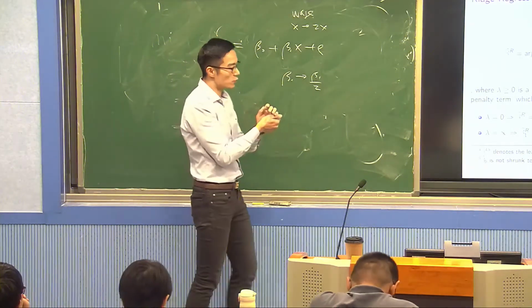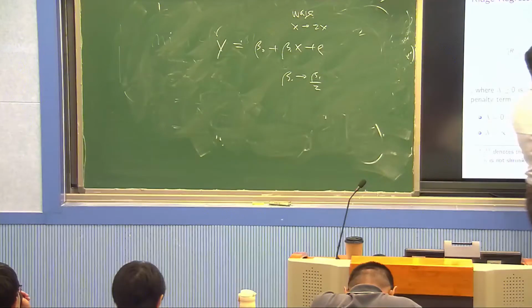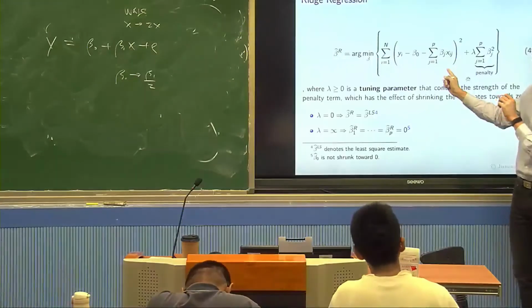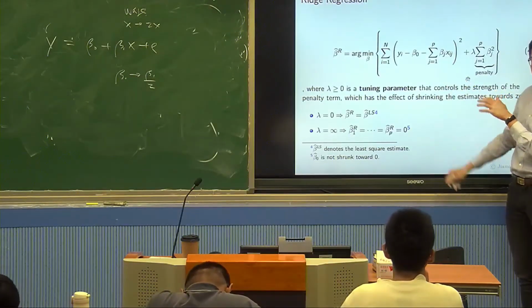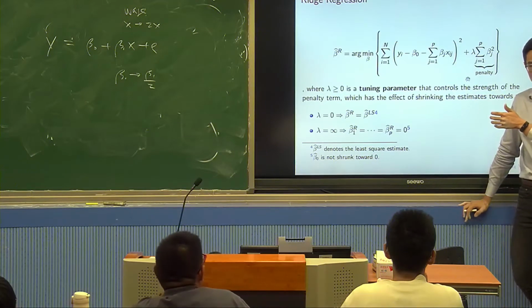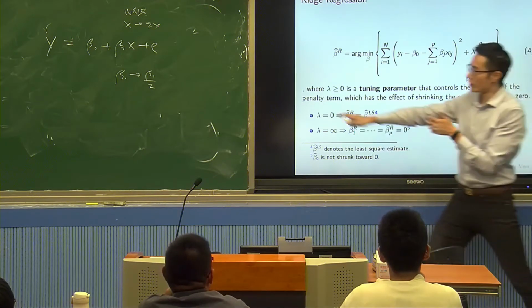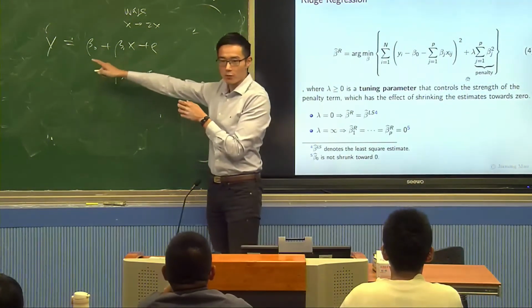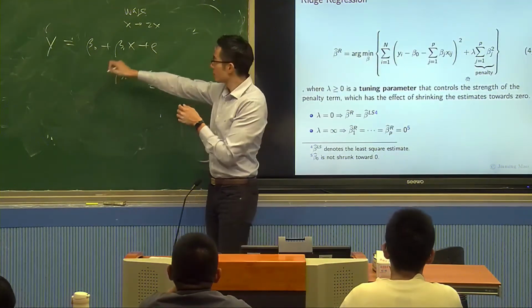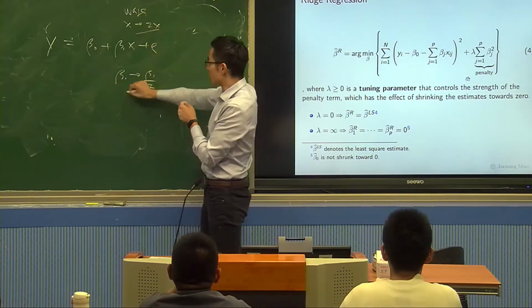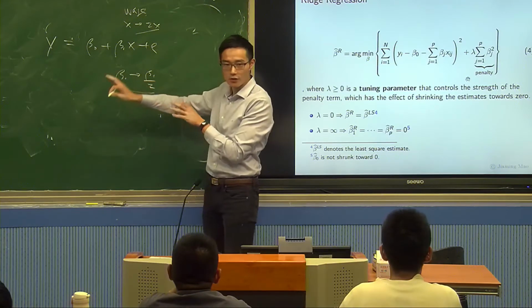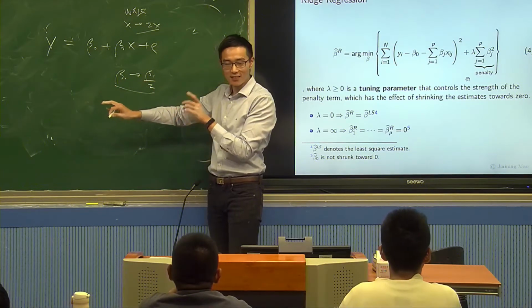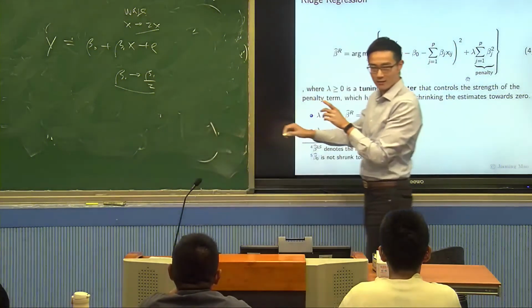However, when we do ridge regression, if x becomes 2x, do we end up with beta becoming beta divided by 2? If we do this very simple thing using ridge regression, x becomes 2x, do we end up with a half beta so that nothing changes? The answer is no. Why?